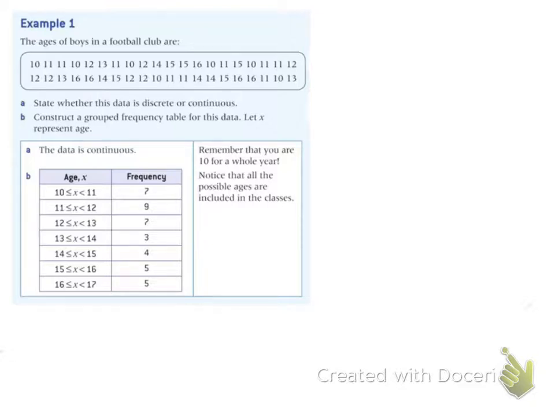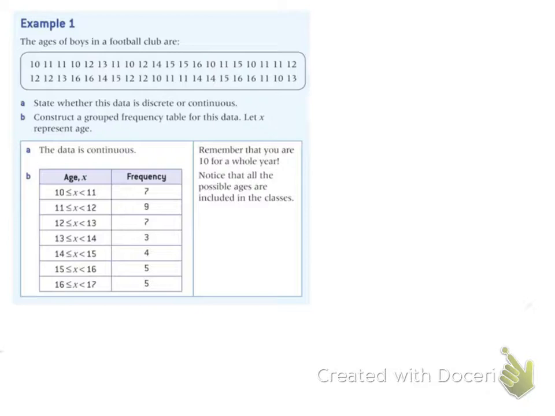But if you sit back a little bit, you would say it's continuous, because we don't say that I am 10.2 years old. I am 10 until I turn 11. So there's really 12 months of play in there before you officially become 11 or 12 years old.